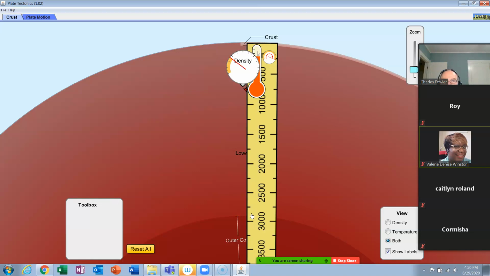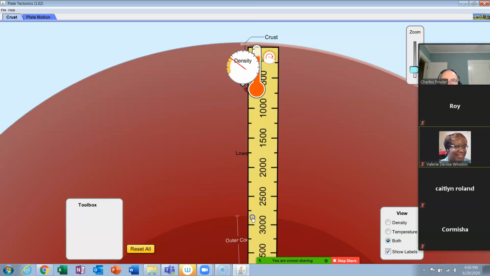Okay, so we will go to the bottom of the crust, and that would be maybe 2,700? No, I think the last one probably should have been, well, I don't know. There's not much difference. This looks like 2,700.